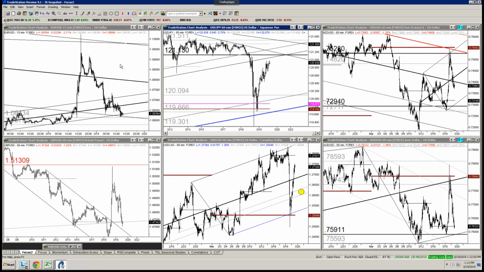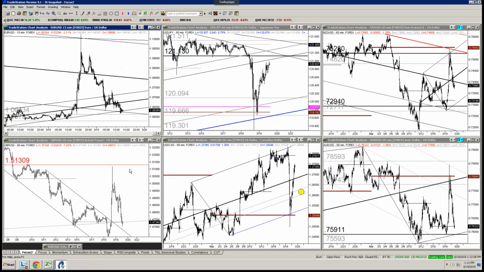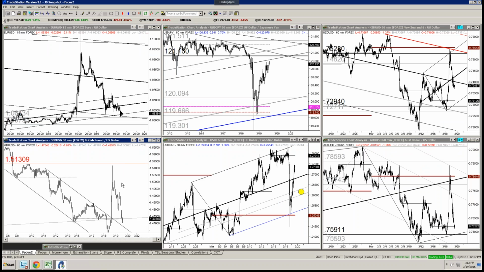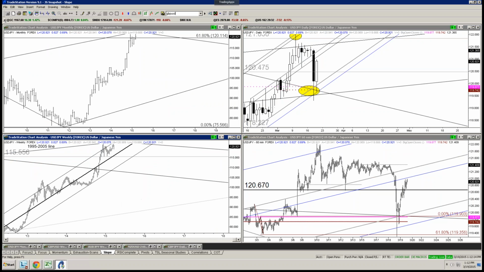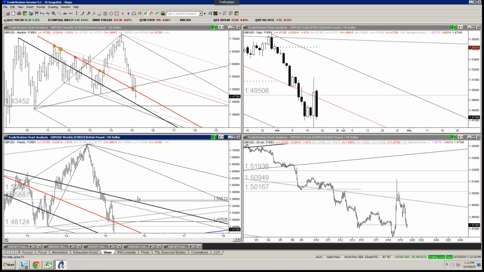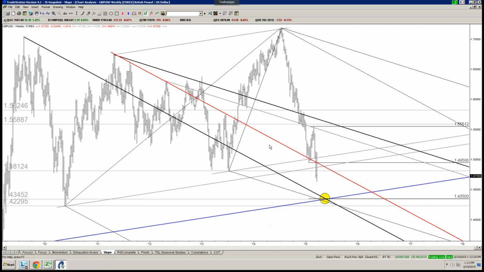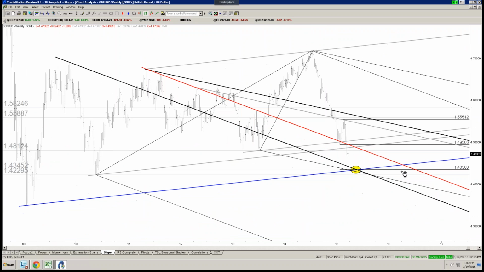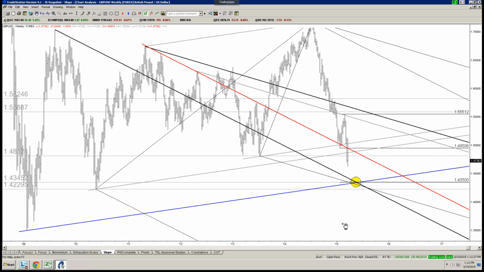Pound dollar, holy cannoli. So why don't we go to the bigger picture chart. When you look at a weekly or something, it's not a whole lot changed here, right? Hourly chart's a different story. 143.50 is still just an absolute huge support, okay?